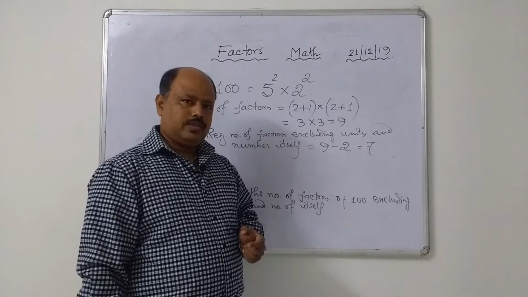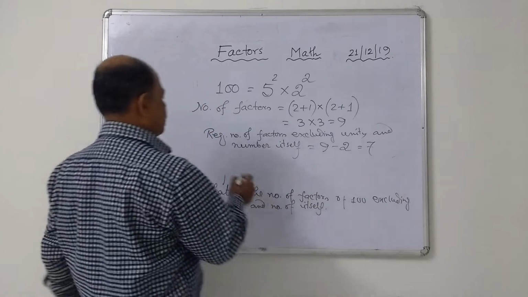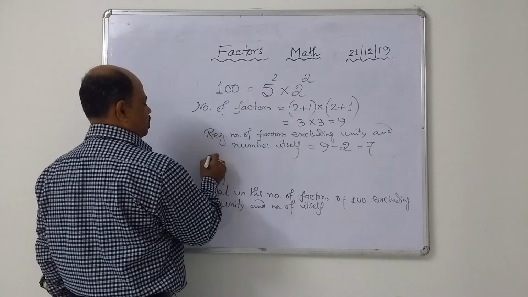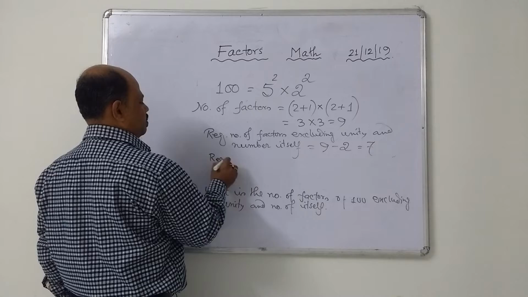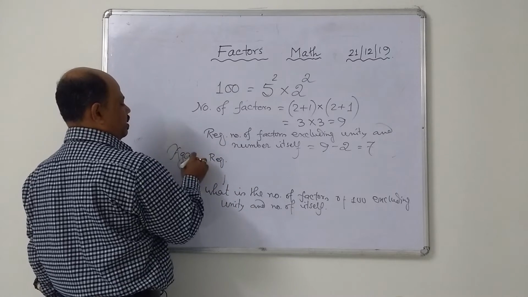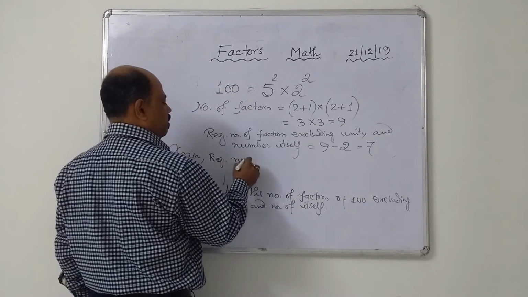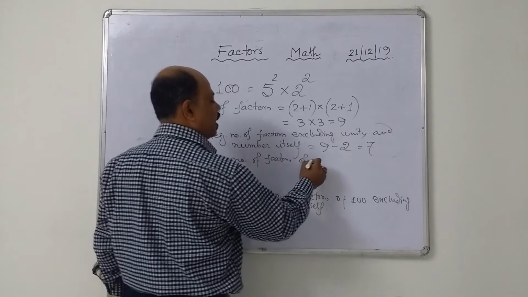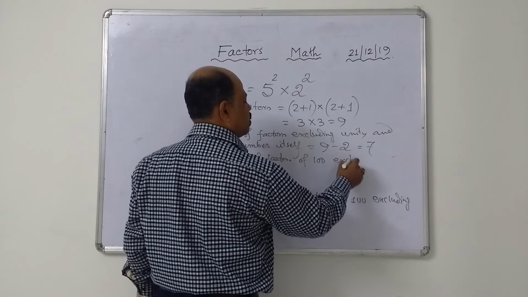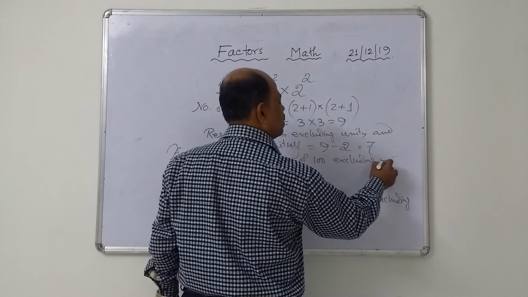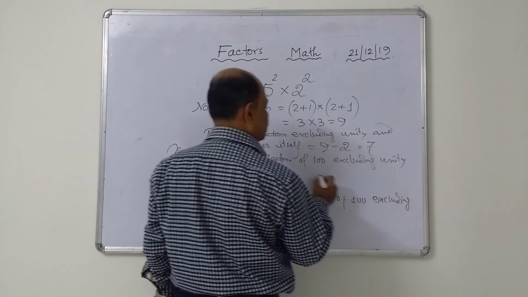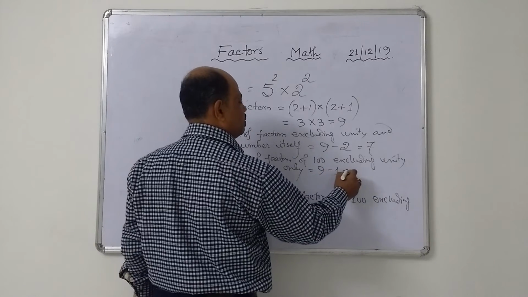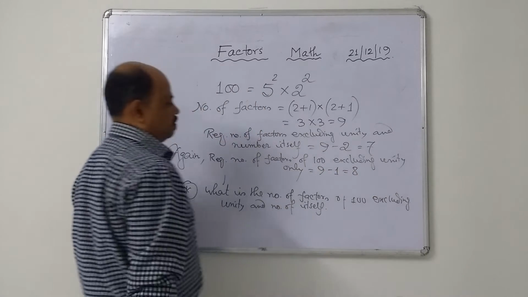That is, if your question is again, required number of factors of 100 excluding unity only, that is 9 minus 1, that is 8.